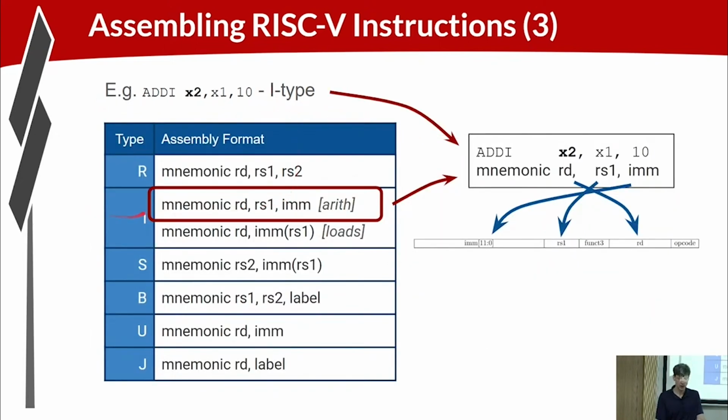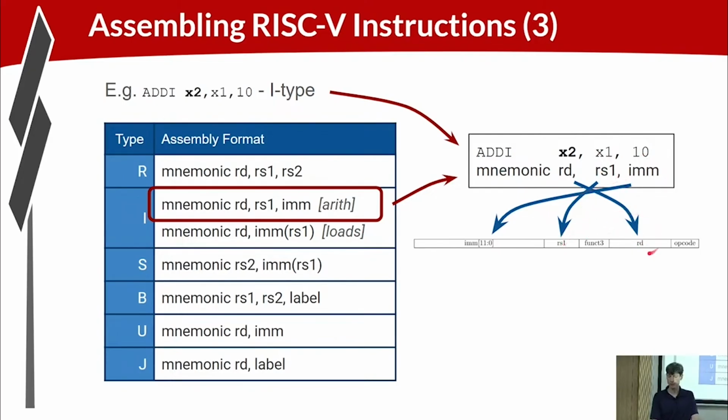Since we know we're I-type, we look up the format of this string. It matches this format for I-type. So we just line that up with the instruction that we're given. x2 is rd. RS1, source 1 register, is x1. The immediate is 10. And we just put those values into those fields.